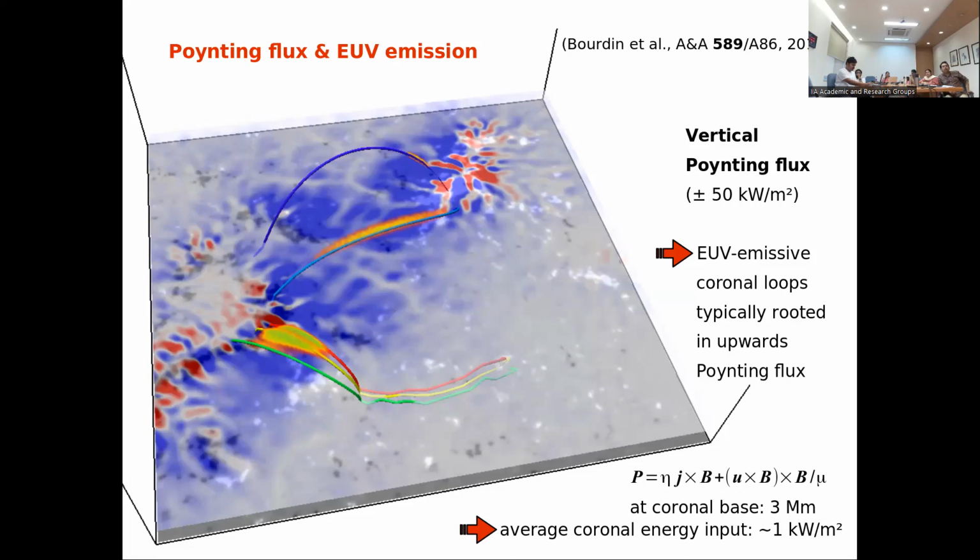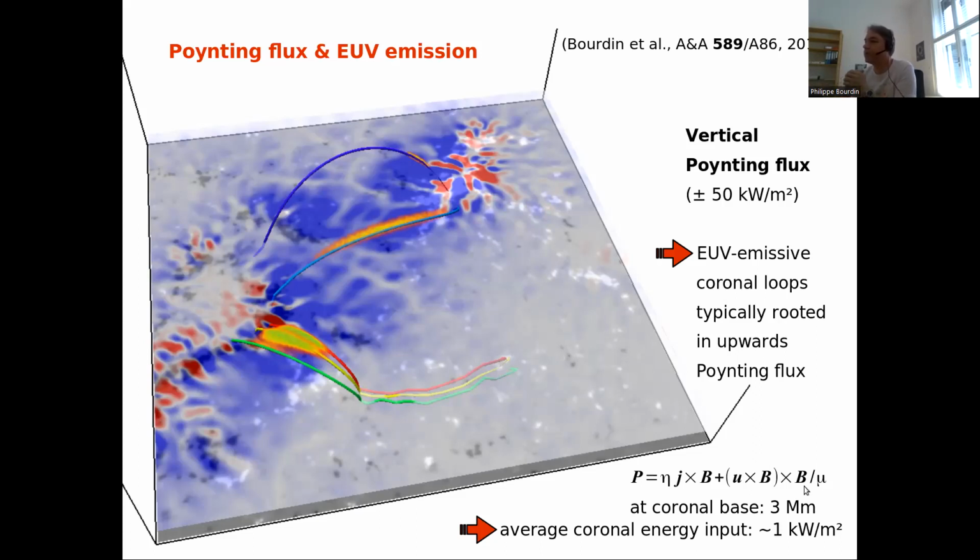If you look at the Poynting flux here, you have one term which is U cross B, and you have another term which is J cross B. Because J is the curl of B, that term represents some general topology feature of the magnetic field, while this other term represents the pumping of magnetic energy through the granulation.